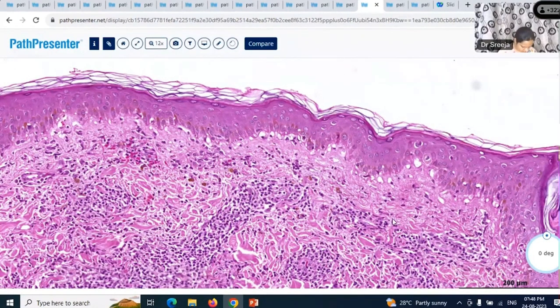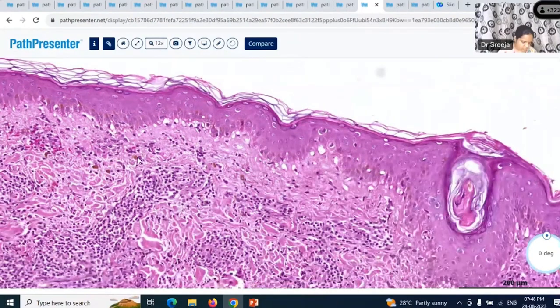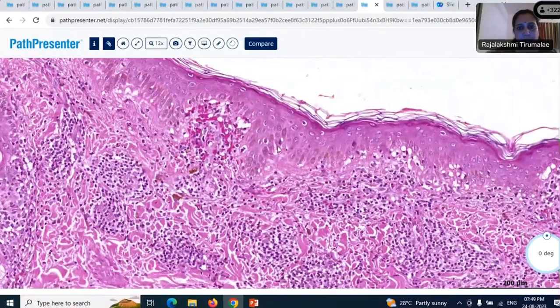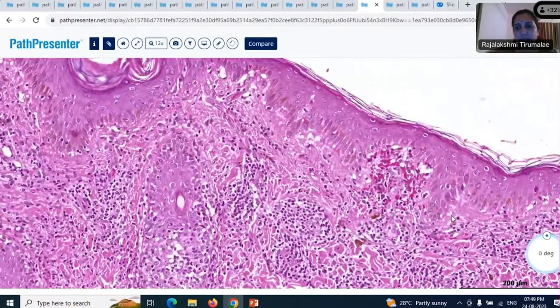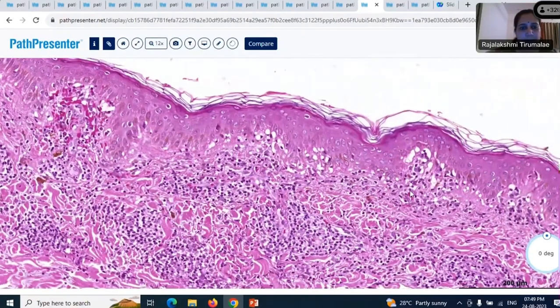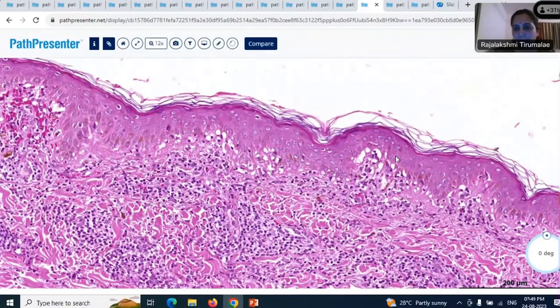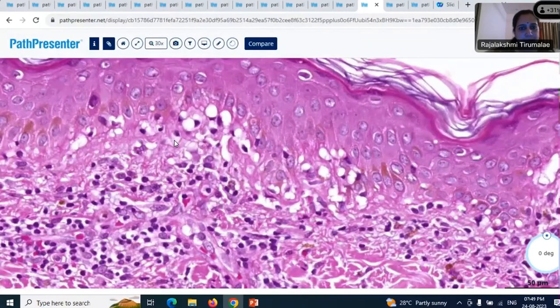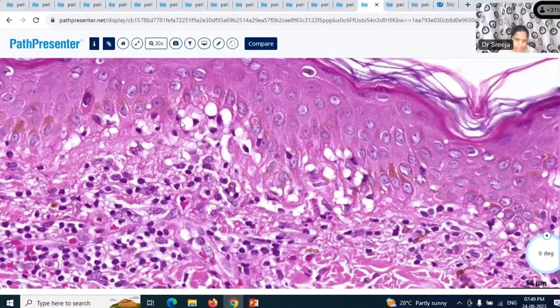Are you able to see the rete ridges everywhere? Are the rete ridges well preserved? I'm just showing you across the entire biopsy. What do you think is happening here? I'm pointing to some areas here. You see this? What is happening here?